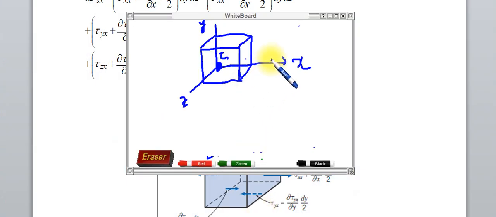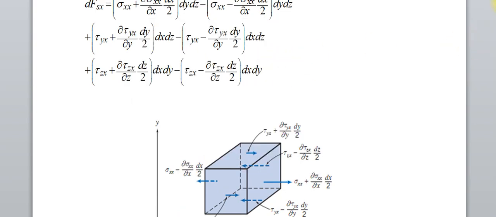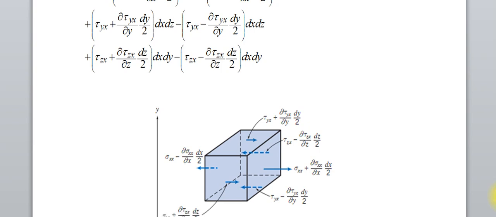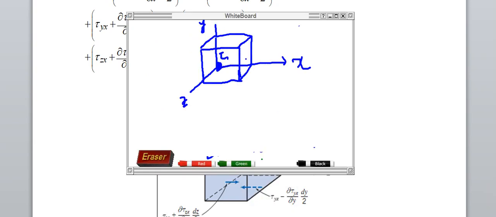The fluid element in the x direction. If you consider this is the x direction, the changes will occur in the stresses.